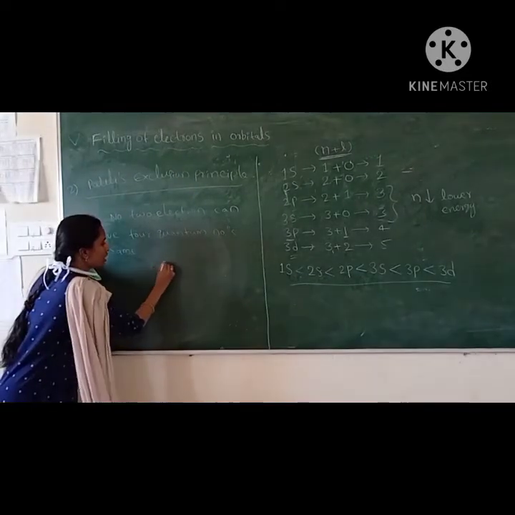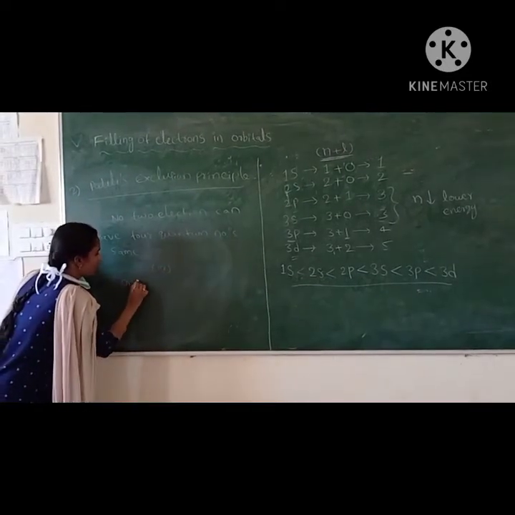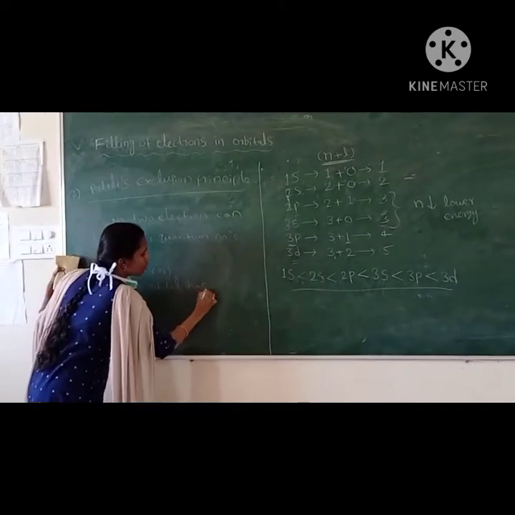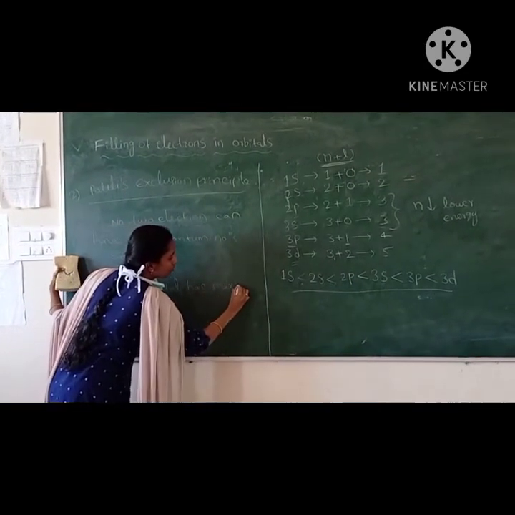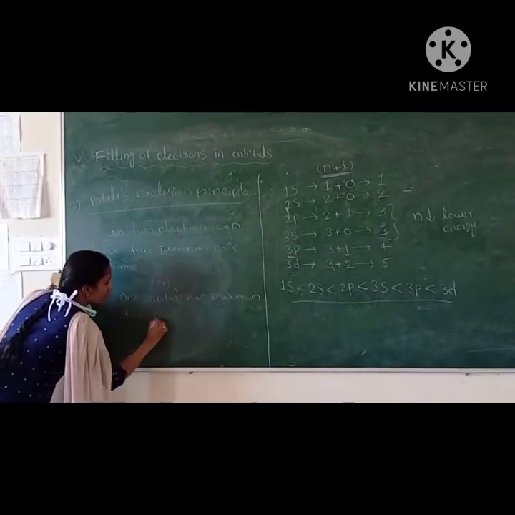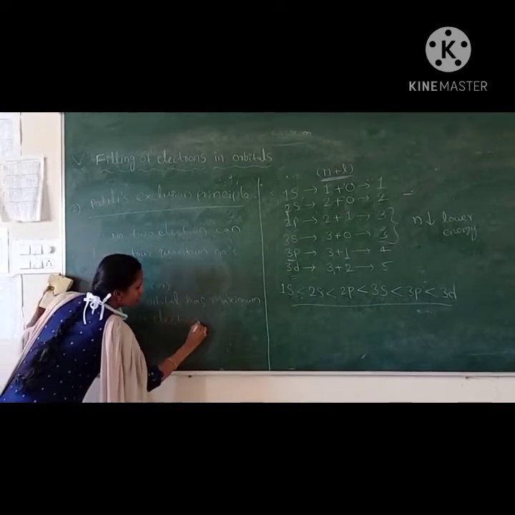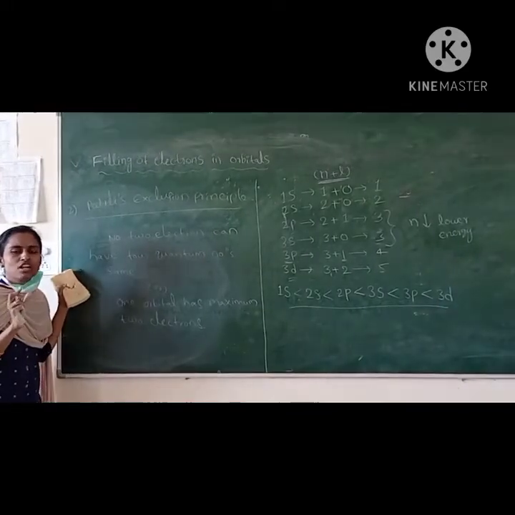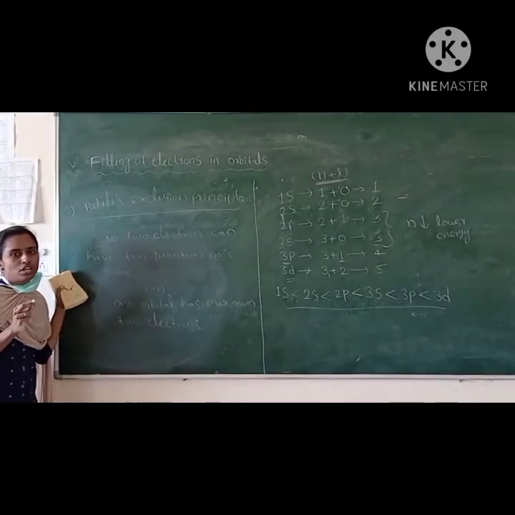Or we can say one orbital has a maximum of 2 electrons. 2 electrons means we can fill only 2 electrons in one orbital, or we can say one subshell.